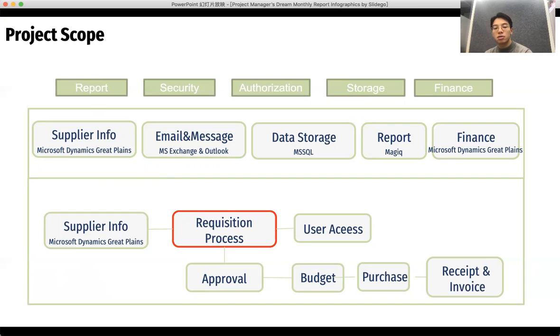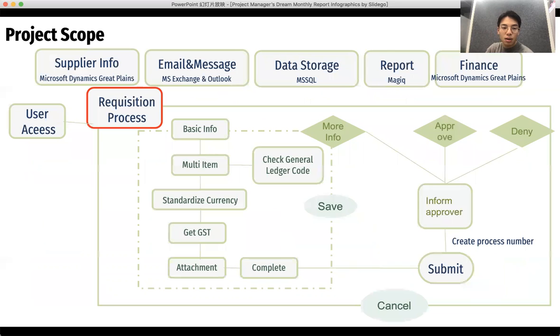But since we are focusing on the requisition process, I will detail the project scope of the requisition process. The requisition process contains several parts here.